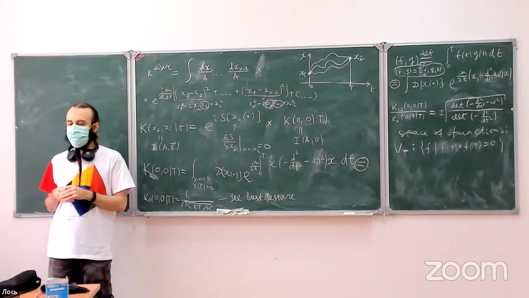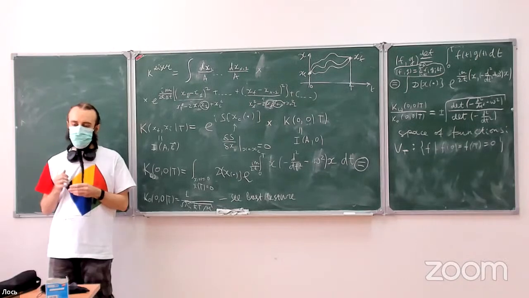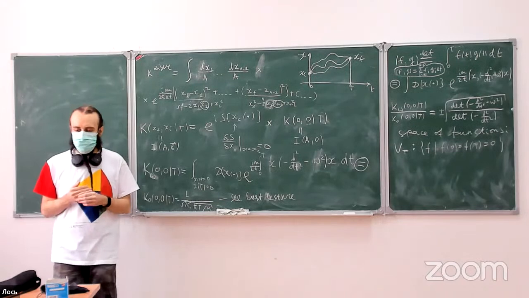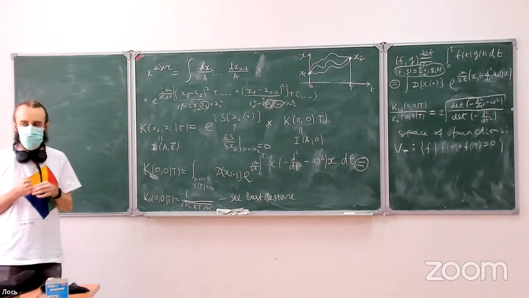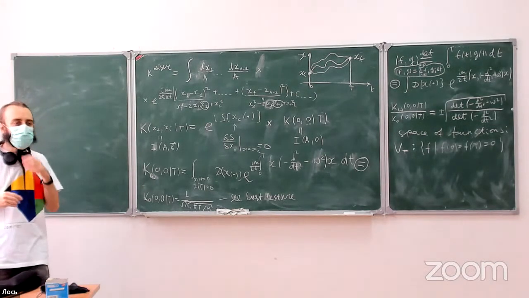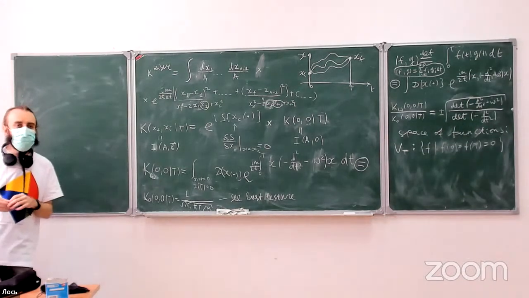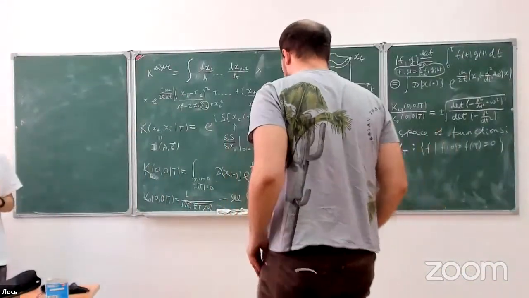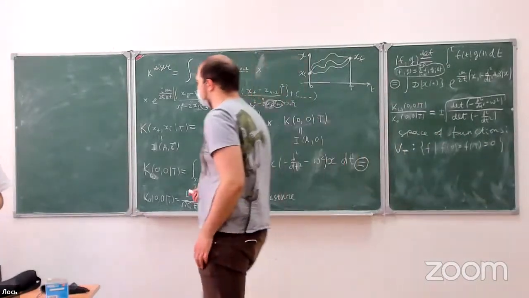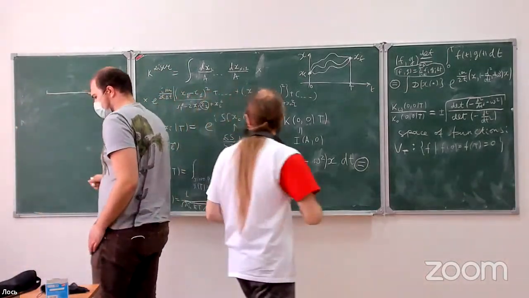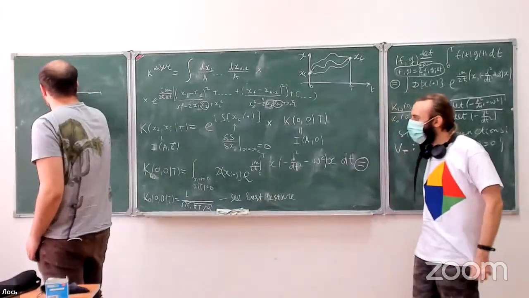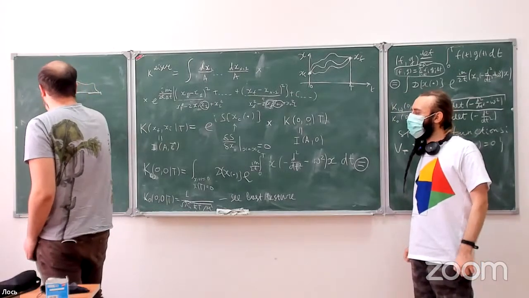Shall I write this, or you want to tell about the eigenvalues and the eigenvectors? Хотите рассказать, как находятся собственное значение и собственная функция? Миша, ты давай параллельно тоже его решай.